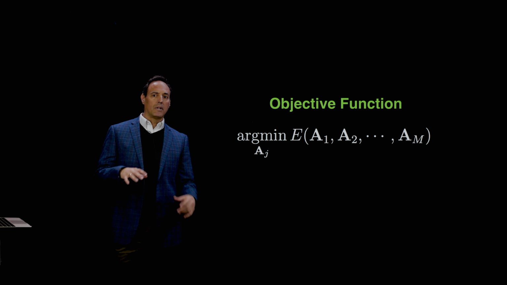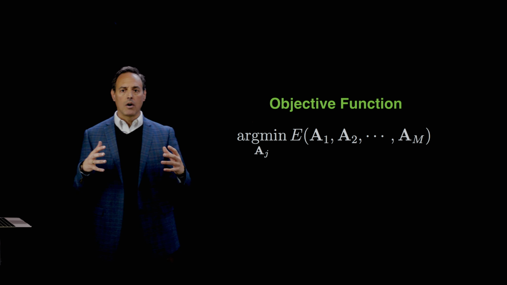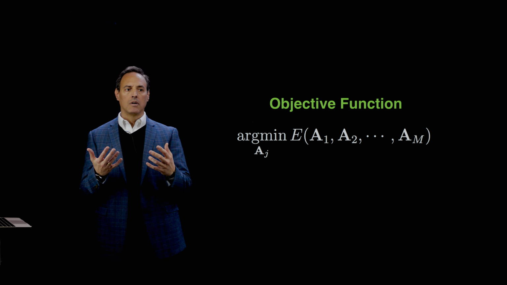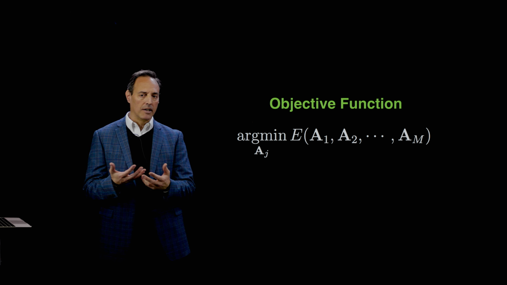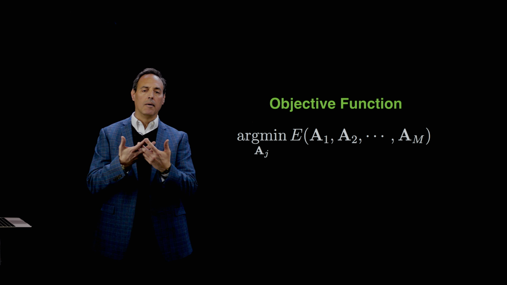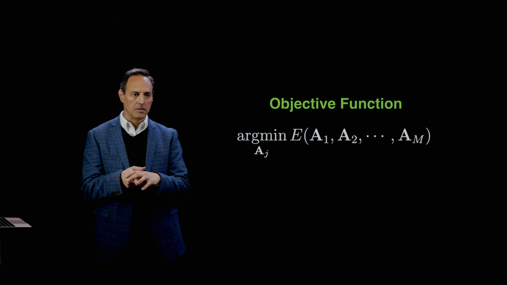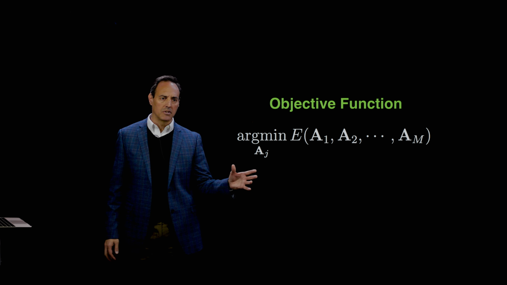So typically in optimization, you are trying to find some function and to find a set of parameters so that you minimize some error, for instance. And so for instance, here's a generic representation of that.